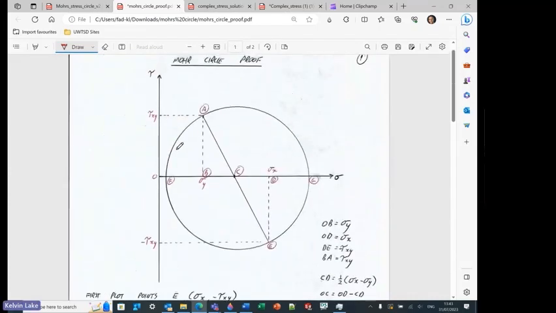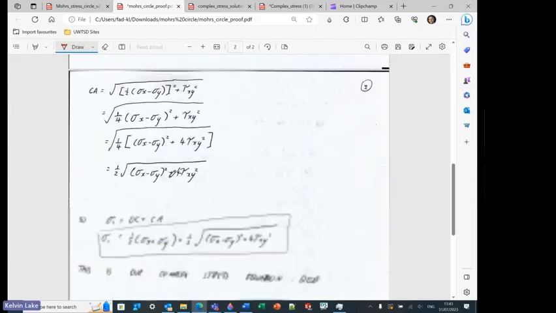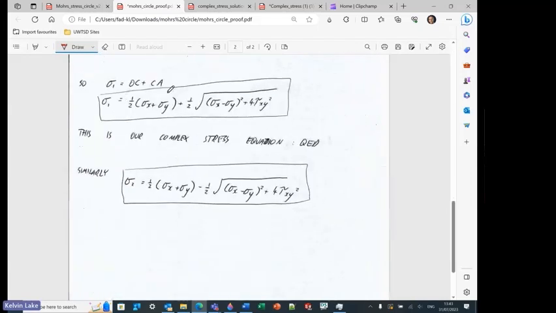We think back to Mohr's Circle, the origin to the center of the circle plus the radius is going to give you sigma 1. The origin to the center of the circle minus the radius of the circle is going to give you sigma 2, position F. Okay, so we can use Mohr's Circle and we can extract that information.